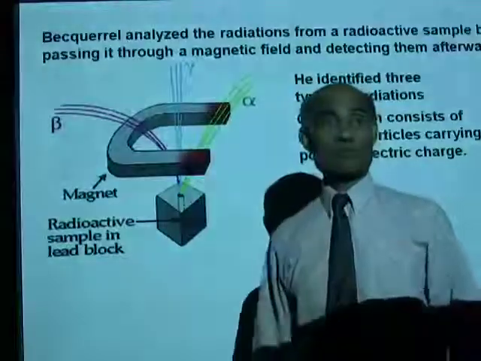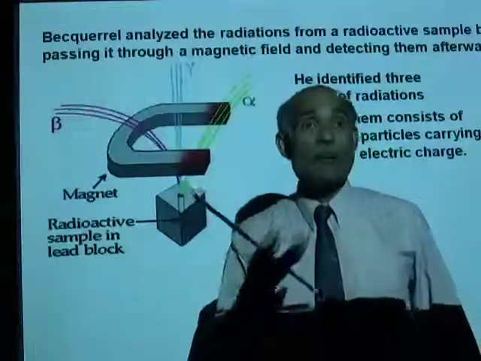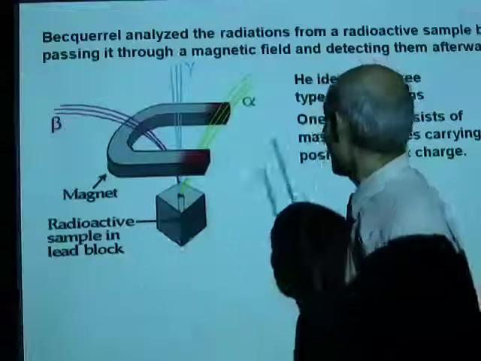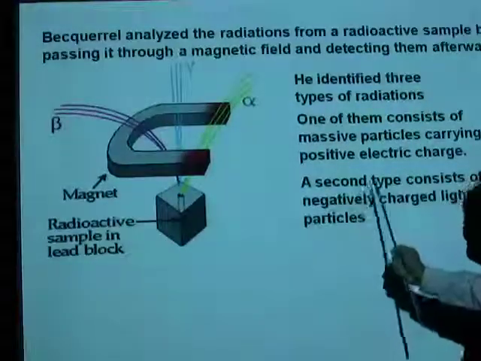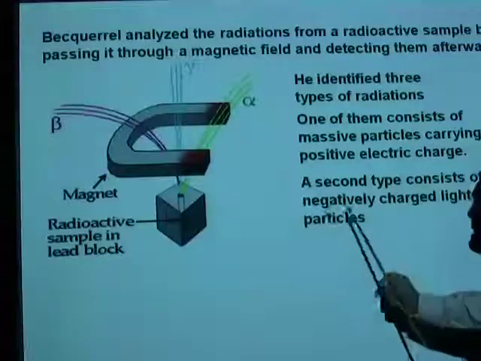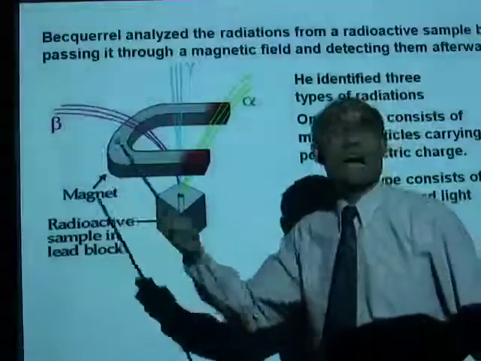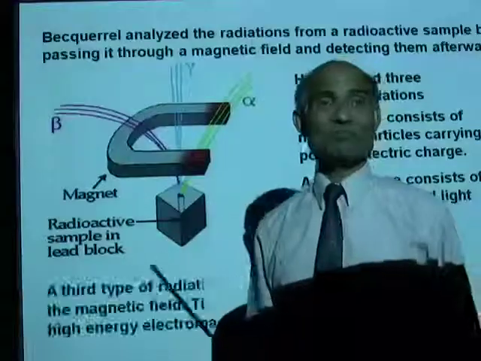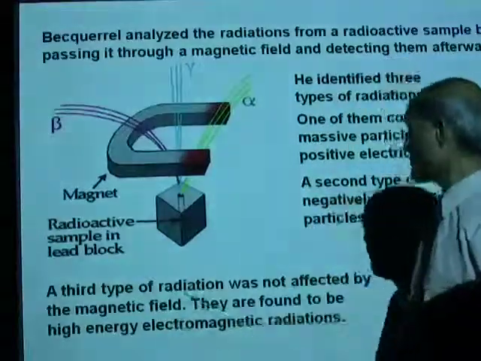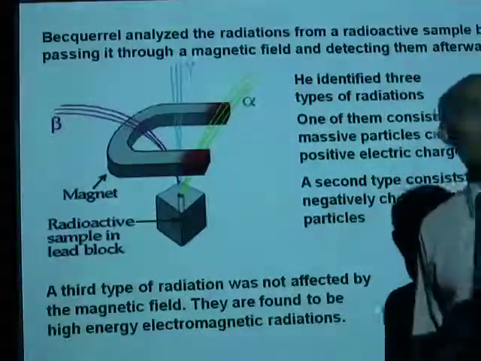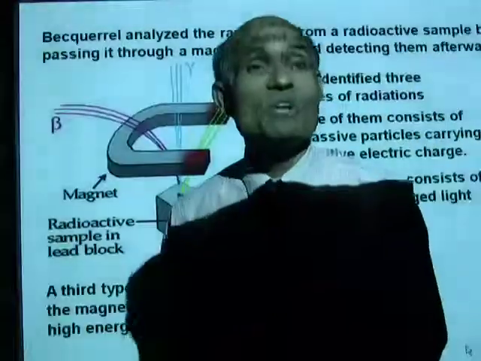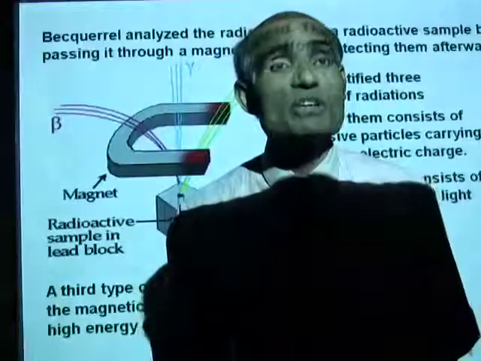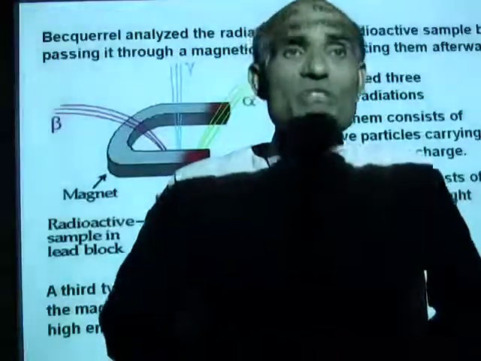So one of the radiations Becquerel found is made up of massive particles, and they carry positive electric charge. A second type consisted of negatively charged particles, and they are less massive. A third type of radiation was not affected by the magnetic field, and they were found to be very high energy electromagnetic radiations.